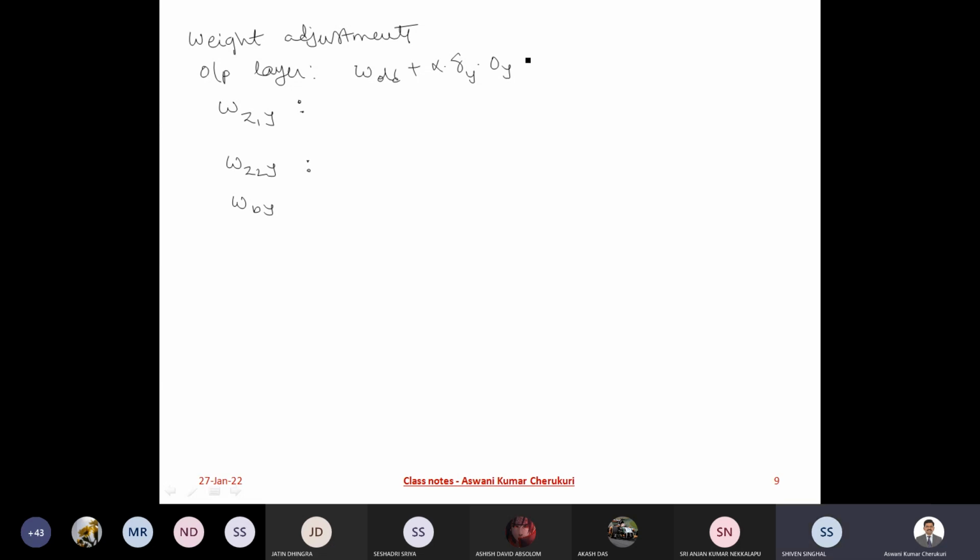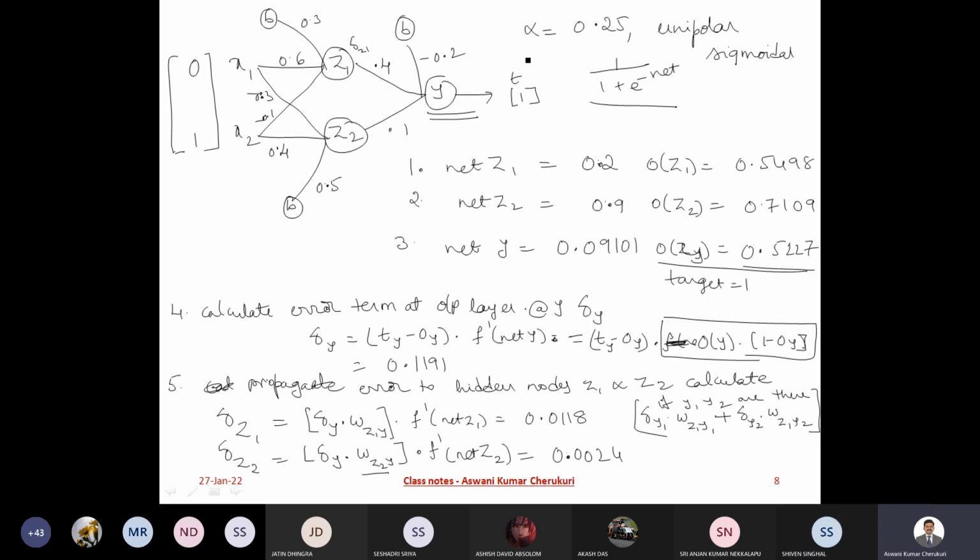Can you show the weights once more? Yes, the old weight, please note this down. The error term del y is 0.119. Sir, 0.4622.